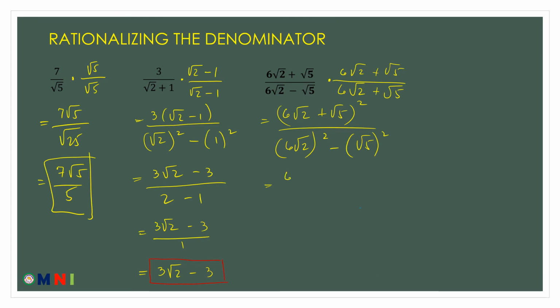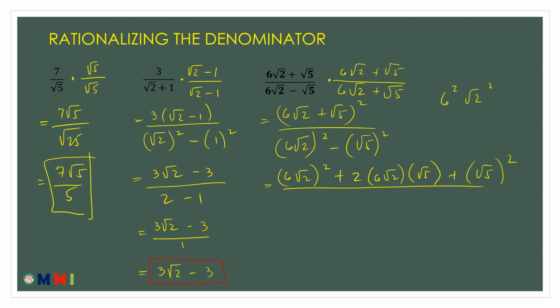Okay, and then of course applying the square of the binomial, you get the square of the first term plus twice the product of this and the second term, and of course you square the second term, divided by this. Take note that 6 square root of 2, when you square that, is actually this one.